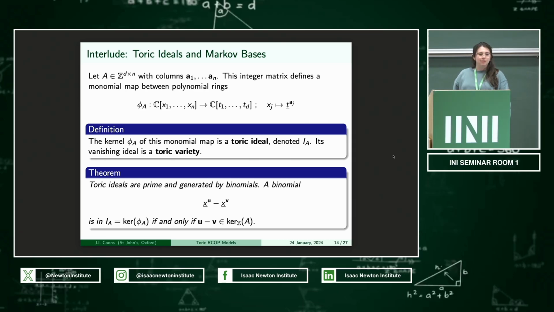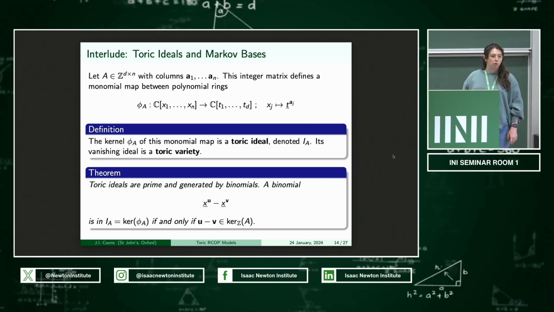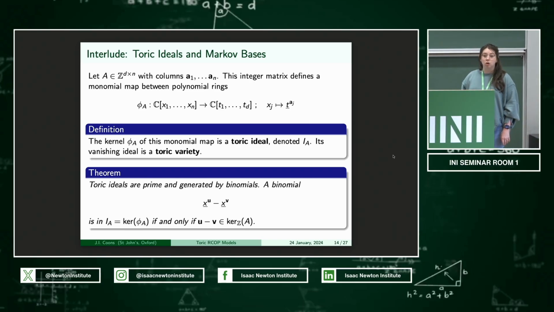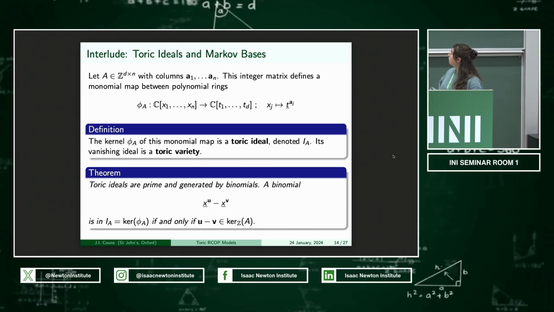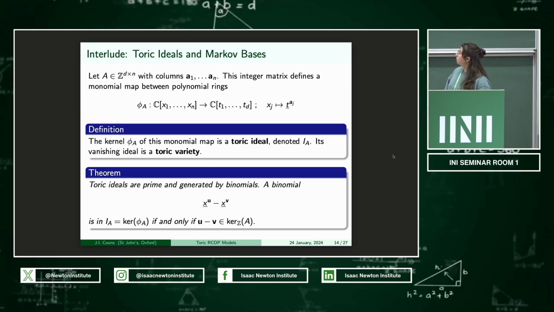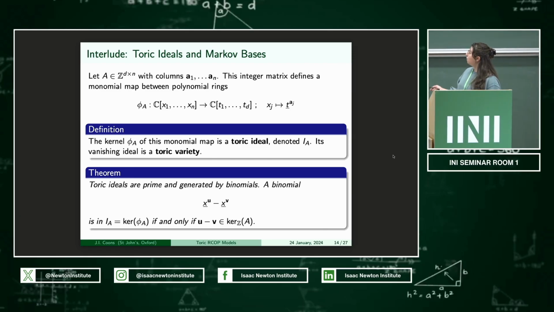Being toric is equivalent to being prime and generated by binomials. And we get a nice characterization of the binomials that live inside of this toric ideal by looking at the integer kernel of your matrix. So a binomial, say x to the u minus x to the v, belongs to this toric ideal if and only if the difference of these two vectors u and v belongs to the integer kernel of your matrix.